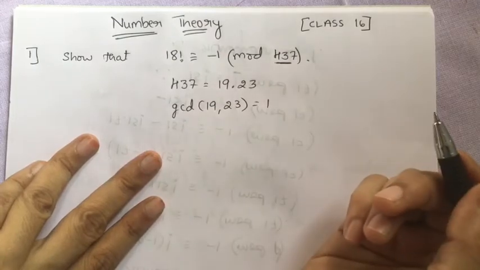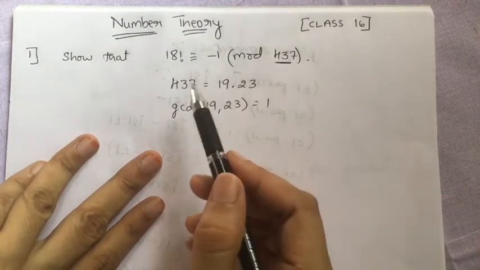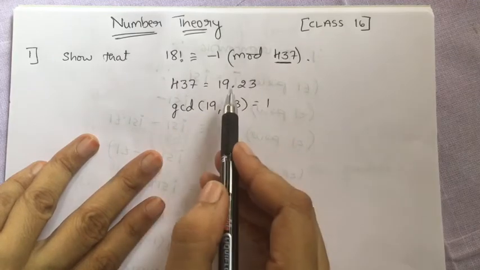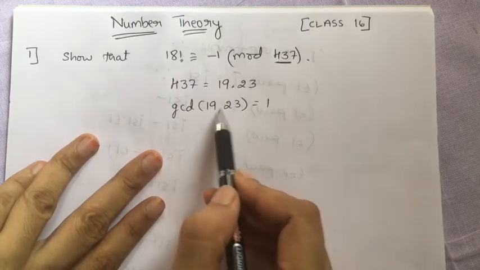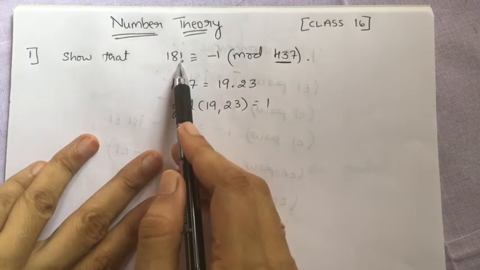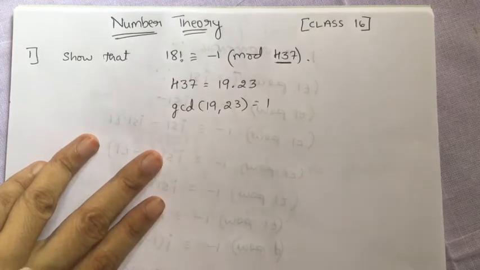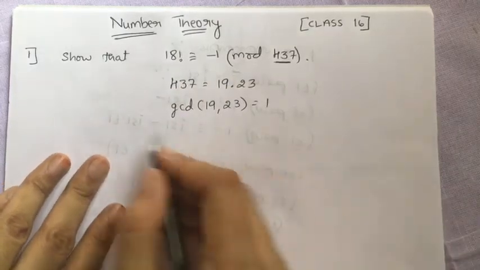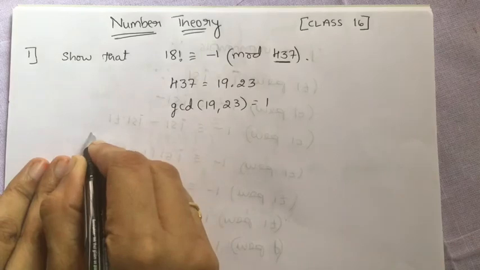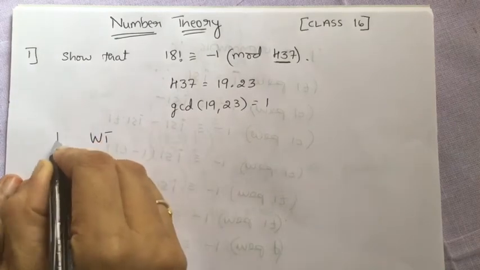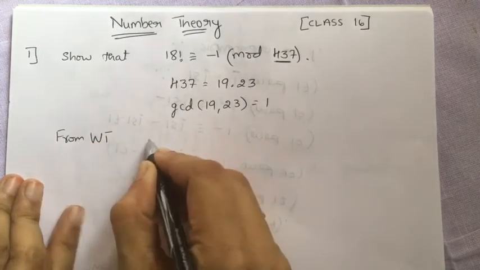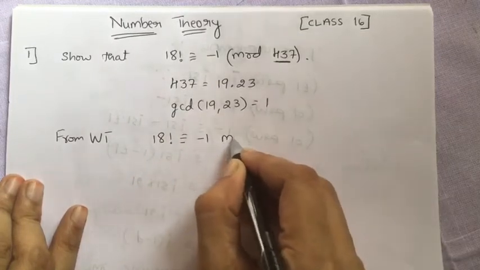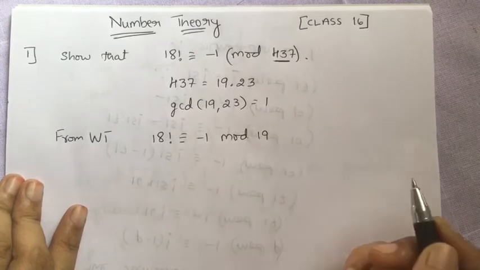When they are relatively prime, we just need to show that both of them divide 18 factorial plus 1. Then it just means that it is true. From Wilson's theorem, I can say 18 factorial is congruent to minus 1 mod 19, right?